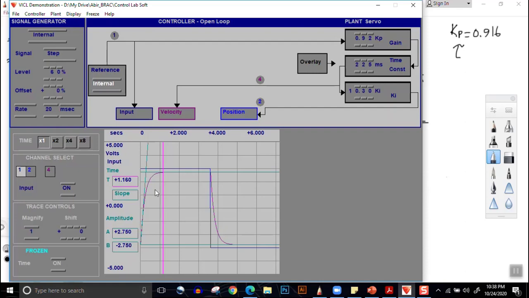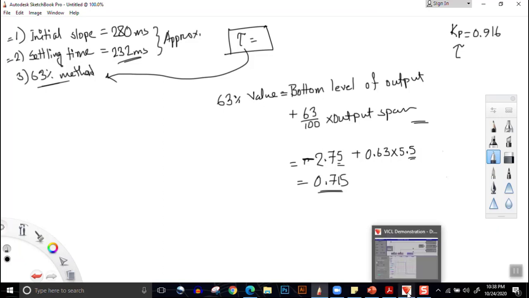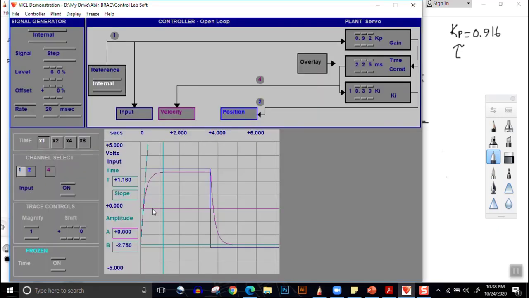The time constant is, what we do is we take this A and we find the value of 0.715. Now the resolution is not good enough that we'll find 0.715. The resolution is just enough so that we can get 0.7.